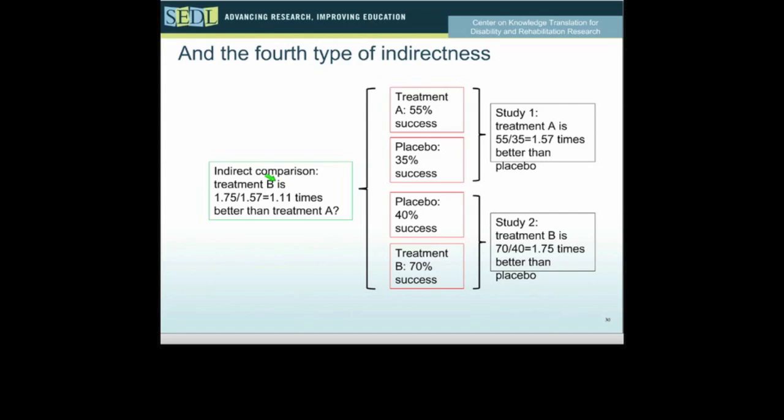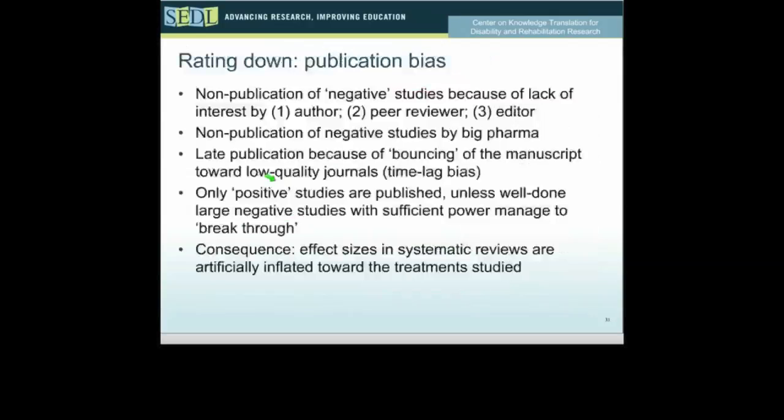Again, GRADE says this is indirect evidence. You never know what happens in these indirect comparisons, and it's safer to grade down the evidence one step. Another rating down reason is publication bias, and I presume that most of you are familiar with that.